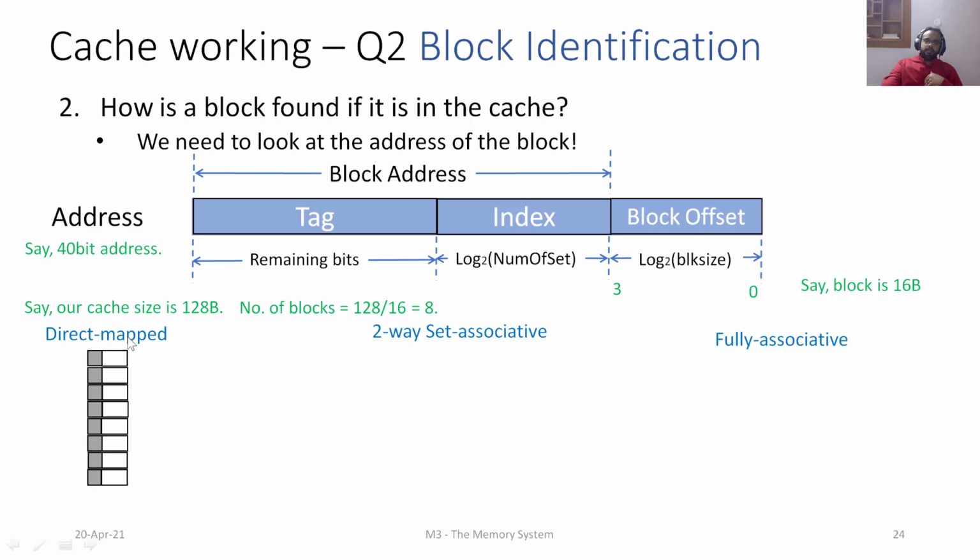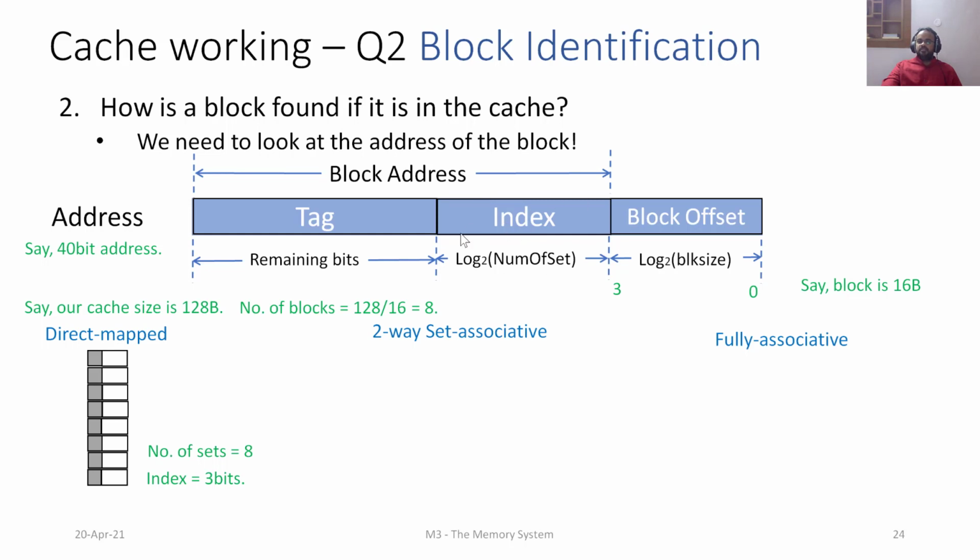The darker shade is for the tag, and the white space is for the data. So in the direct mapped cache we have 8 sets, and so we need 3 bits to identify any of these 8 sets.